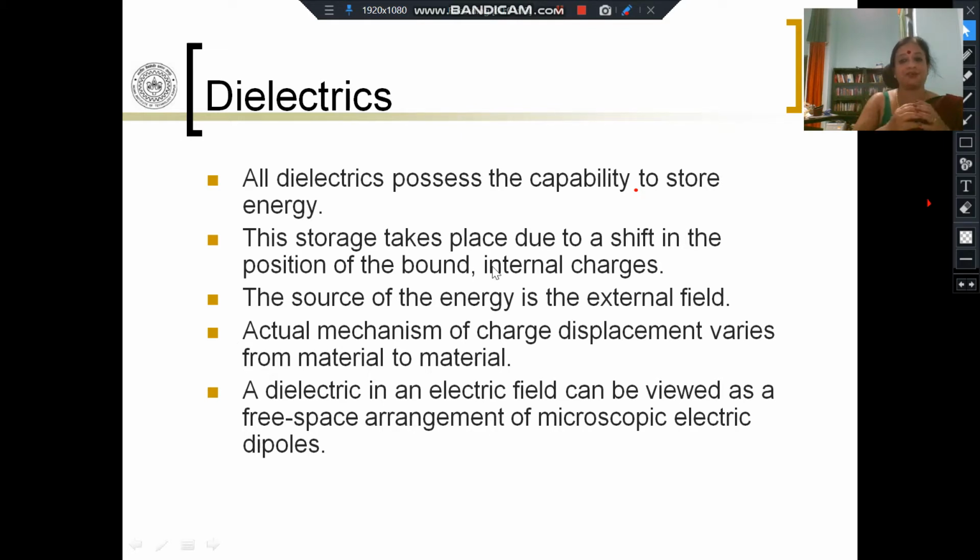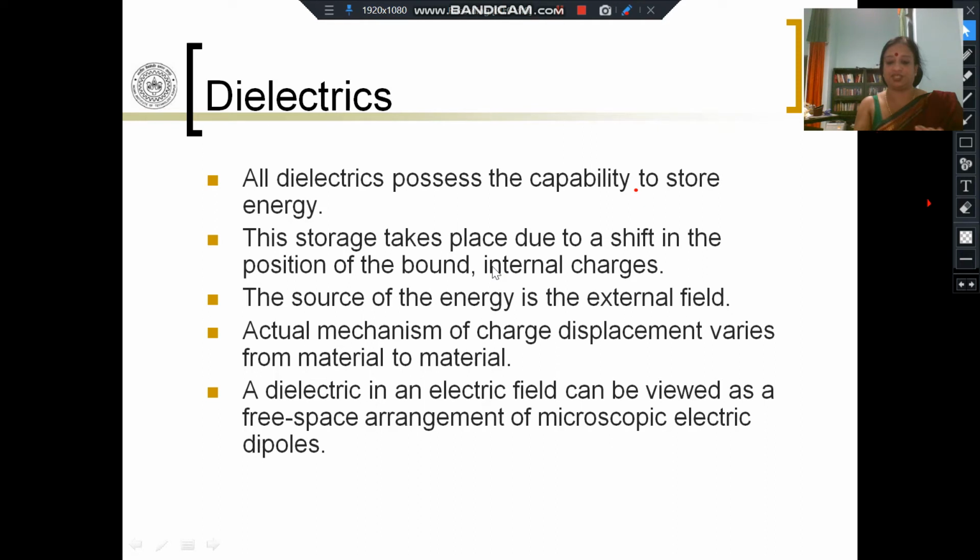But the point that I'm trying to make here is, let us imagine that no matter what the physical process is, when you apply an external electric field, the charges within a material get displaced and they form dipoles. For the moment, we will consider any dielectric material to be a free space arrangement of microscopic electric dipoles.